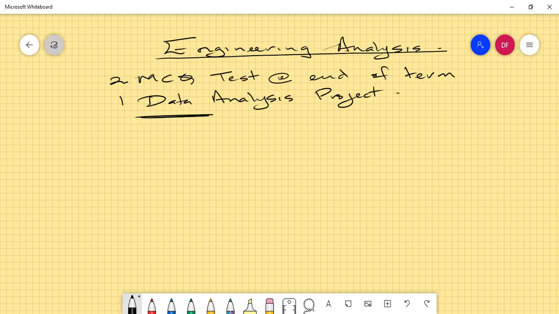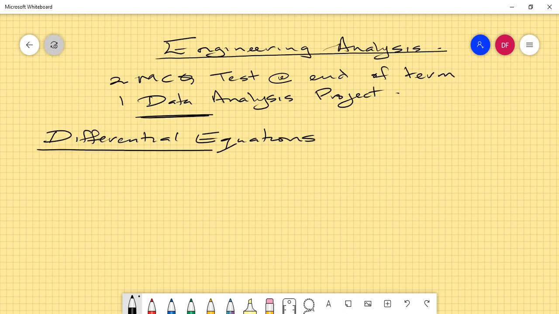So I want to just do a little bit of discussion about the first fundamental thing that we need to do any form of analysis, because all modeling in engineering is done using differential equations.